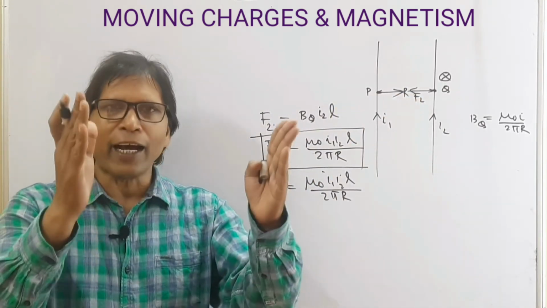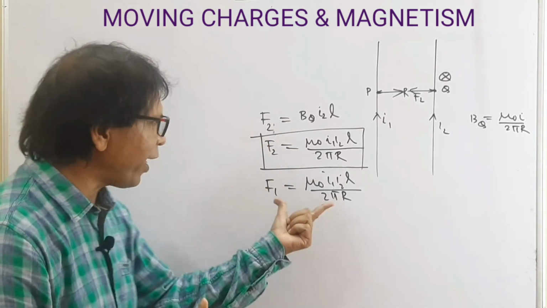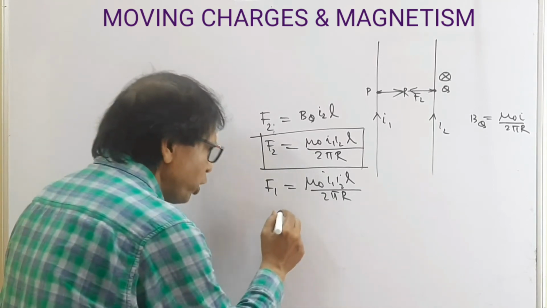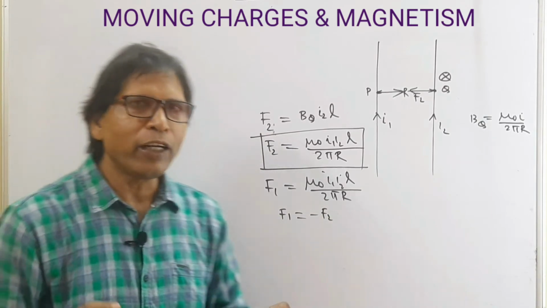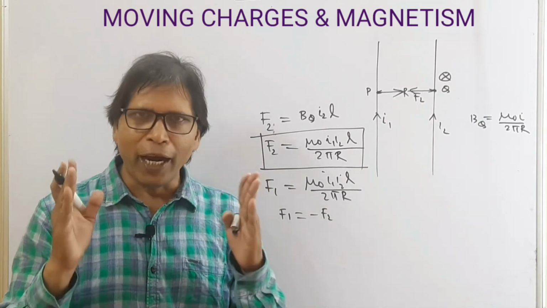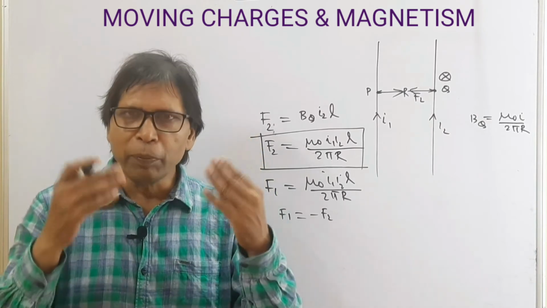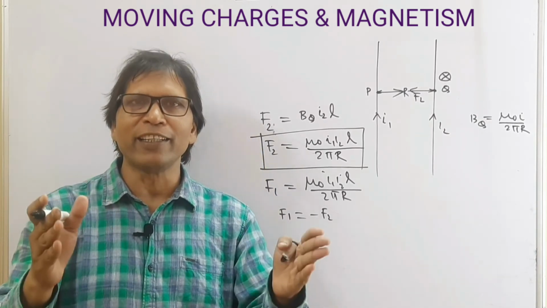So two parallel currents flowing in the same direction, that is two like currents, attract each other. Therefore F1 equals minus F2. And two unlike currents, two parallel currents flowing in opposite directions, repel each other.